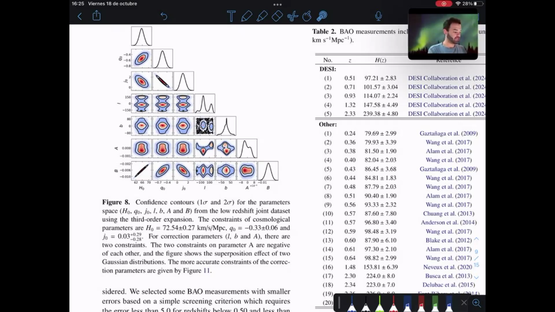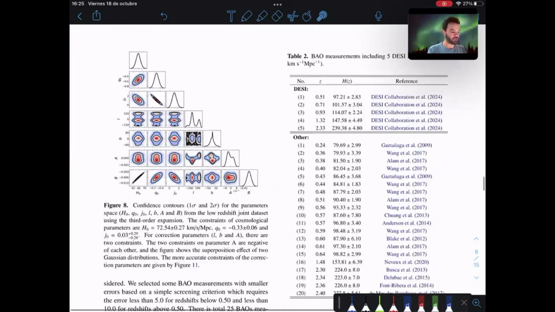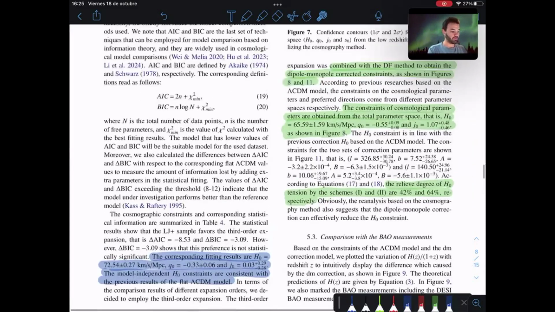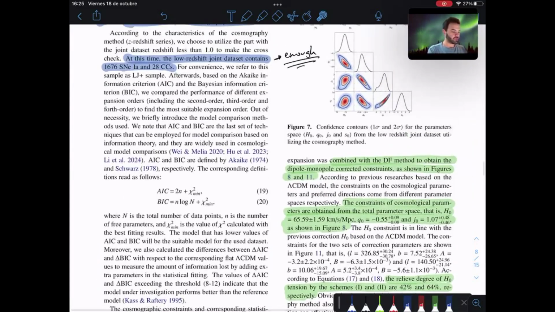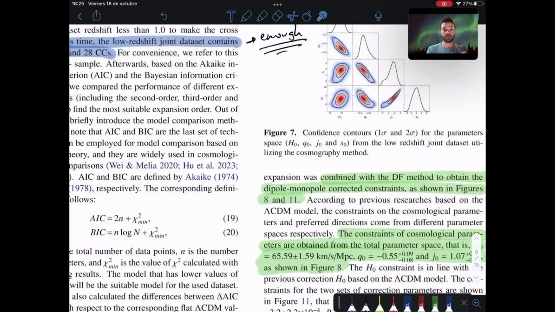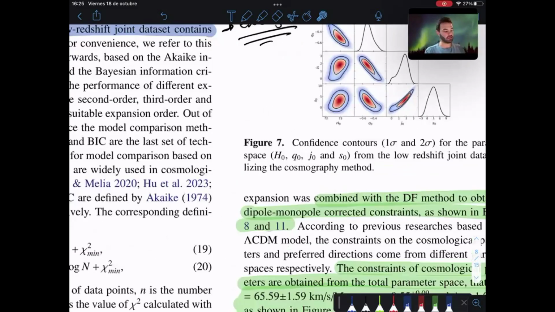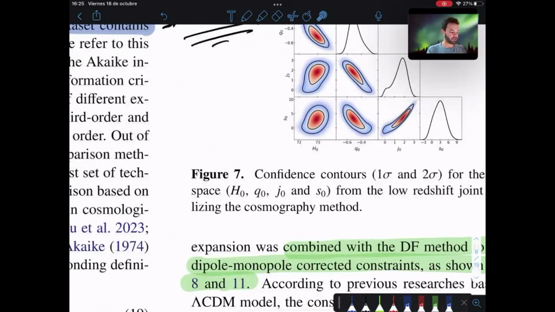And as you can see, I think here they have included both the model from before for the distance models, but also the new way of parameterizing the Hubble parameter.